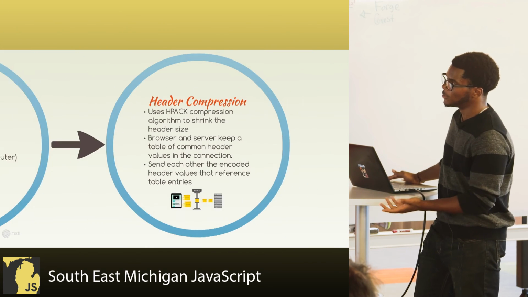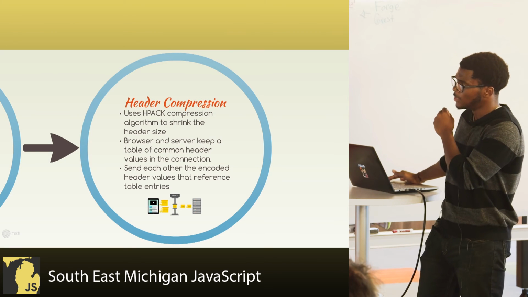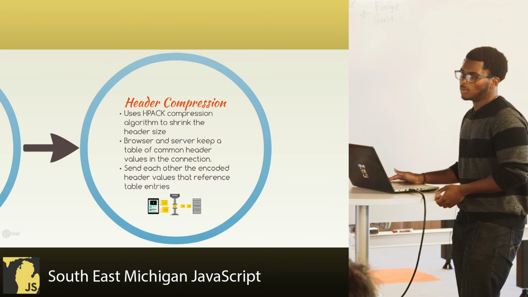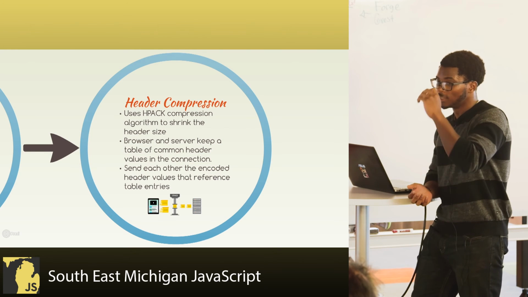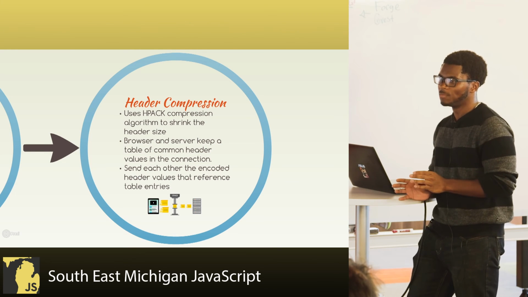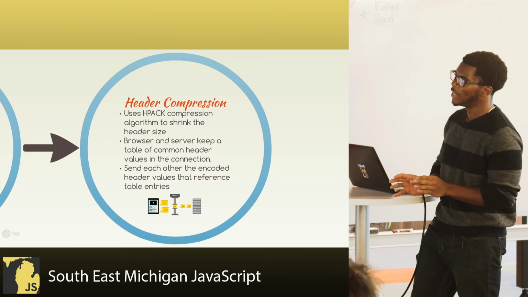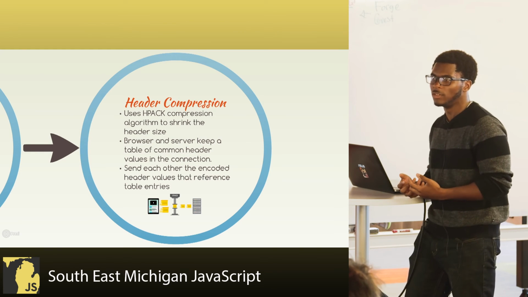So that's another thing. And then the last thing is header compression, which goes hand in hand with the binary conversion. Basically, it compresses the headers of each HTTP packet into a kind of minified version.